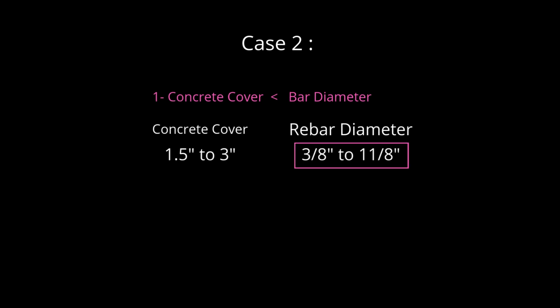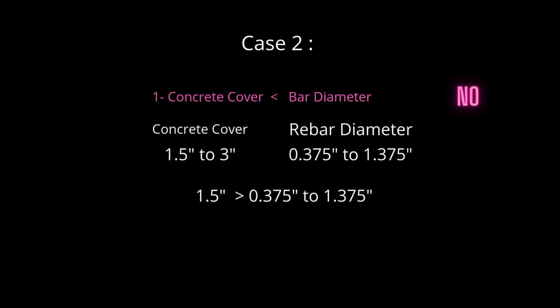Let's change rebar diameter values to decimals. 3 divided by 8 equals 0.375, and 11 divided by 8 equals 1.375. As you can see, minimum concrete cover value for common structures is 1.5 inches, and it is bigger than all rebar diameters, so first condition of Case 2 does not apply.